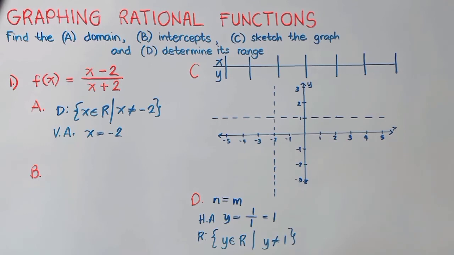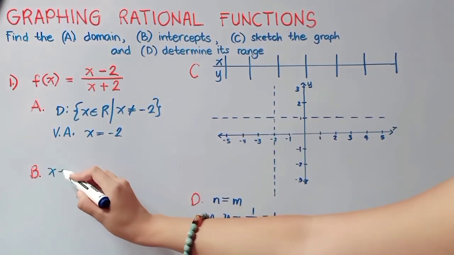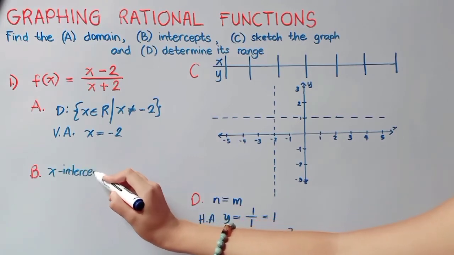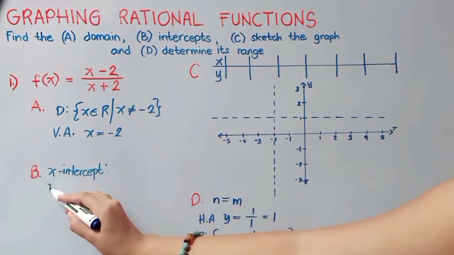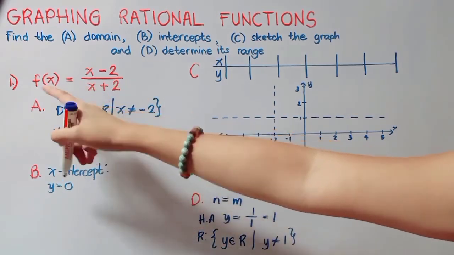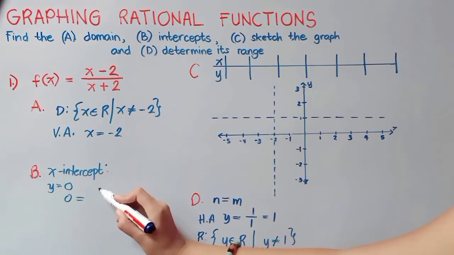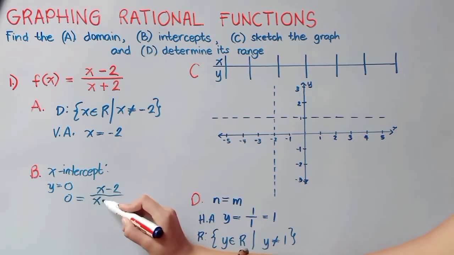Let us now get our intercepts. Let us start with our x-intercept. We will get our x-intercept if we let y be equal to 0. So we have here f of x is equal to y, so that's 0 is equal to x minus 2 all over x plus 2.